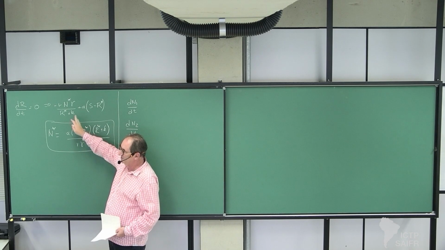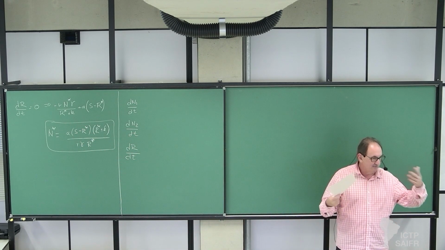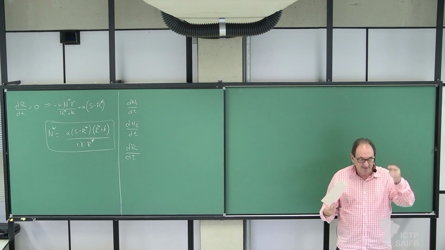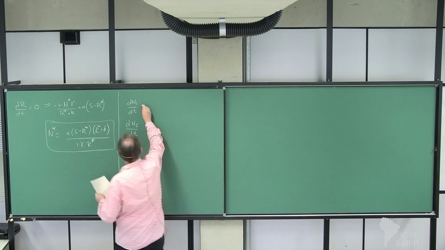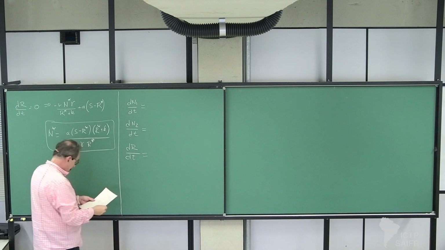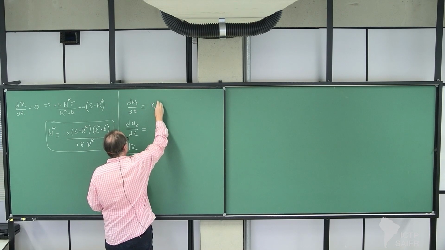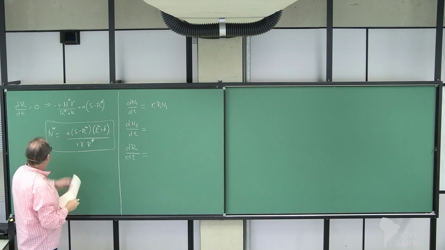So I will do something simpler, which obviously is not very realistic, but we want only to see qualitatively what will happen here. So I will assume that this is just R1 times R times N1, without the fraction here.